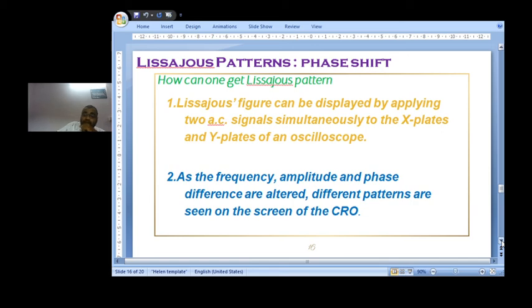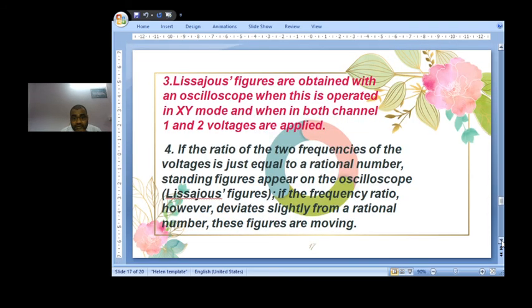We have shown this in the picture. Depending on the frequency, amplitude and phase difference, different patterns are seen on the screen of the CRO. This is basically about the Lissajous figure. You can read it.